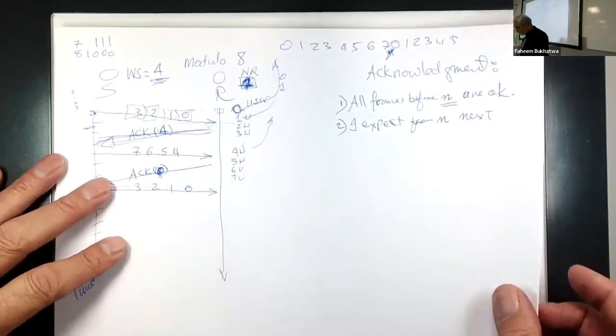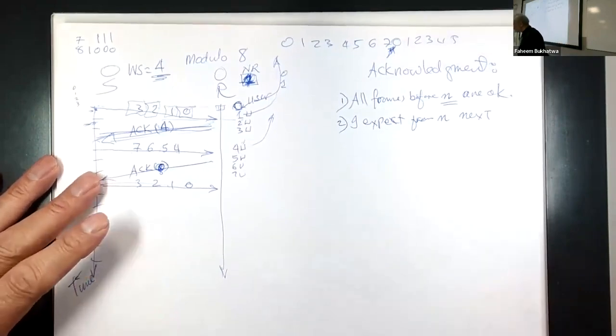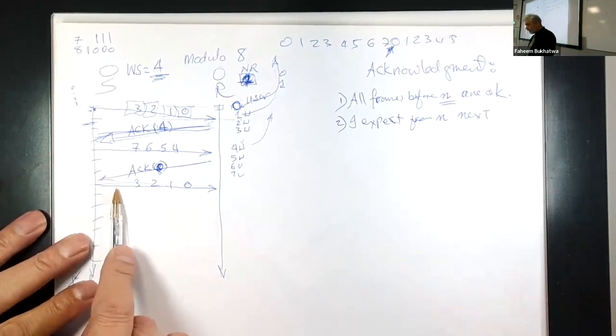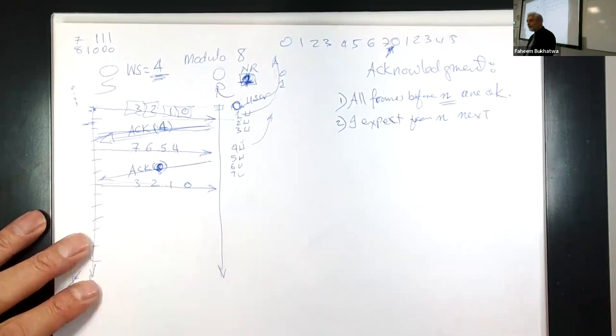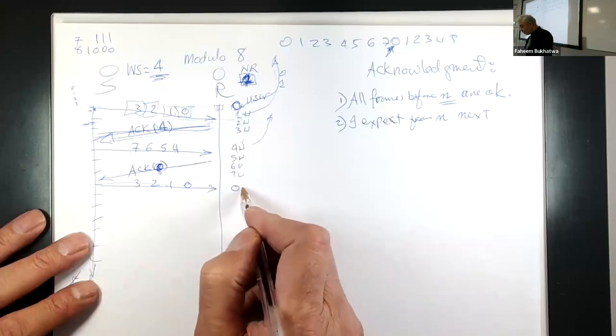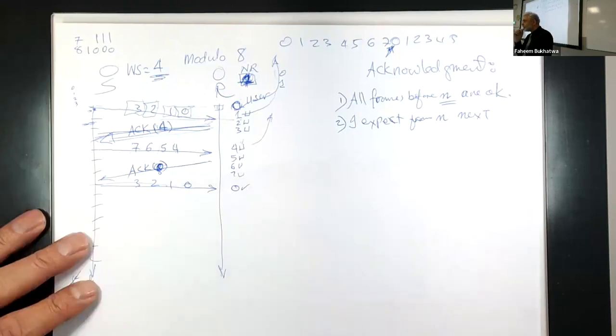All right? Now, let's look at the situation where there is an error. Let's say this guy now sent 0, 1, 2, and 3. 4 frames. It got 0, perfect. What does it do with it?